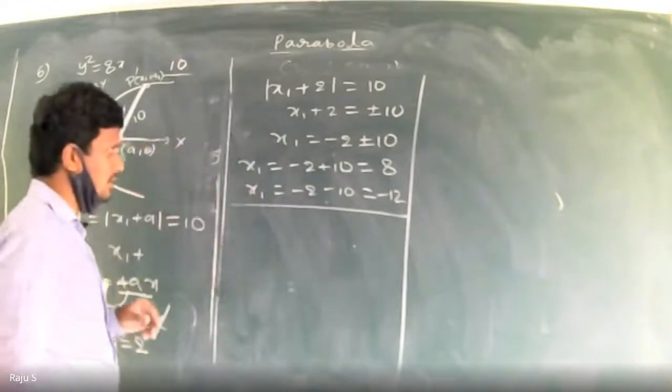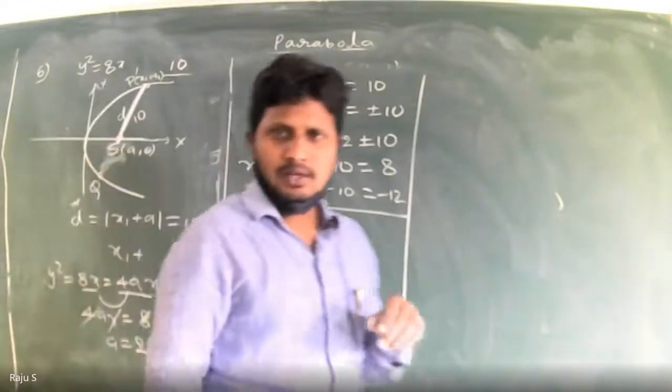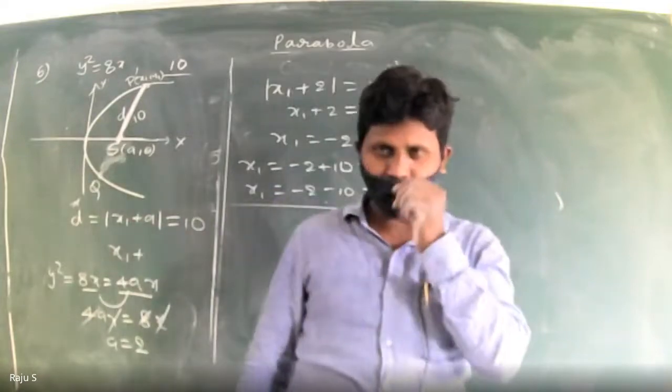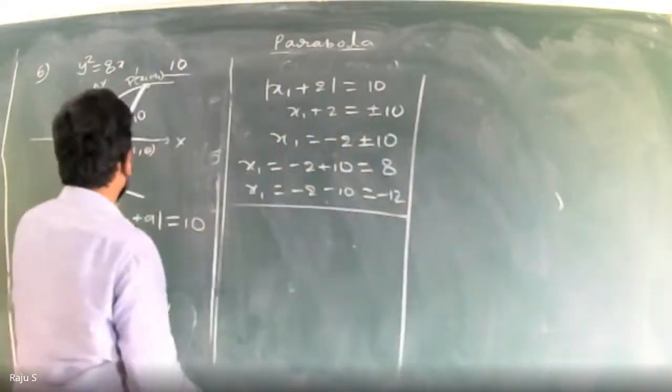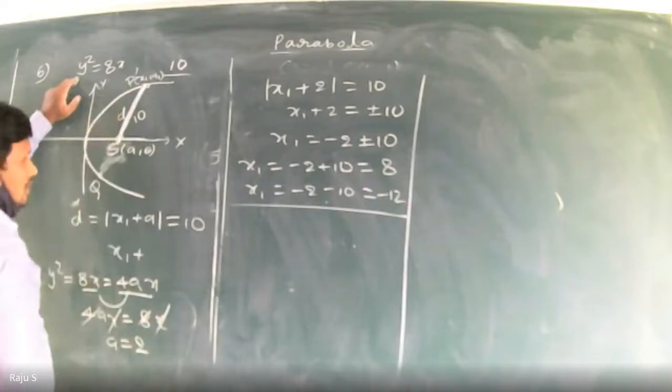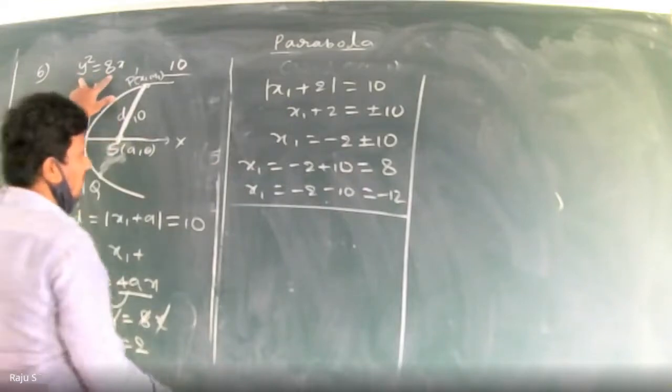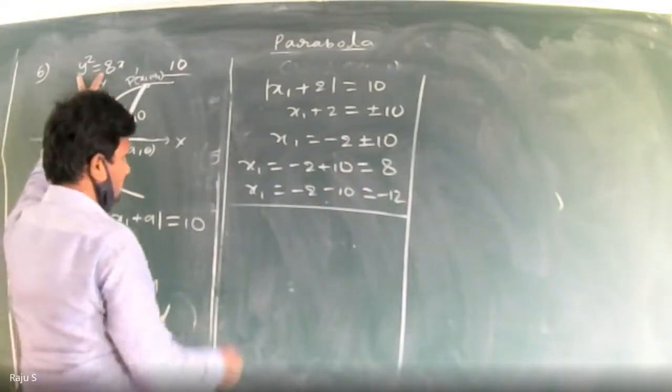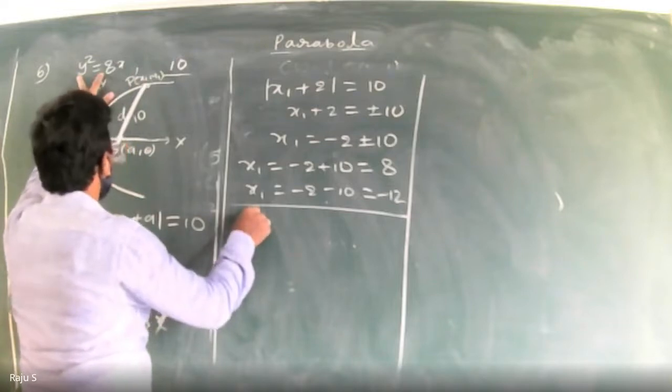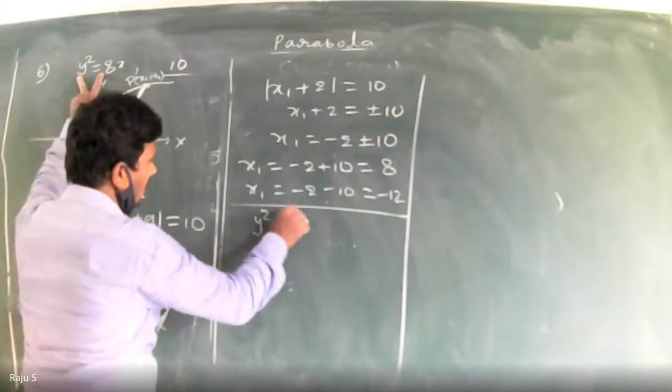Two x values we got. This x value, substitute in the given equation, we are going to get two y values. Then y square is equal to 8 into x.